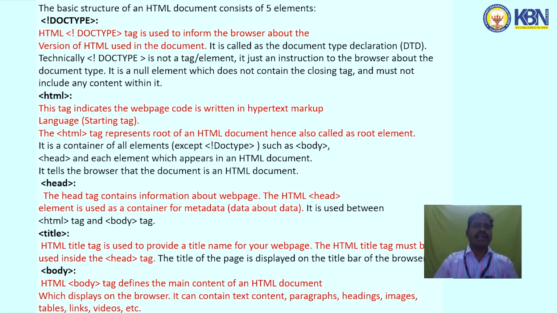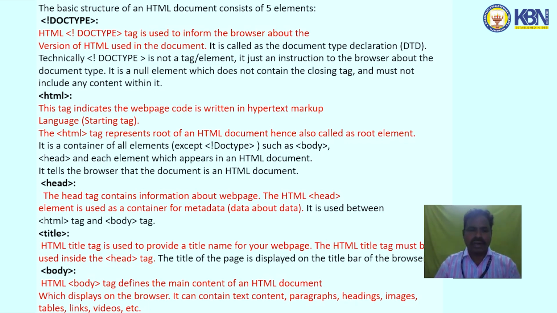The code is the lines of the document written in hypertext markup language. The HTML tag represents the root of the HTML document and is also called the root element or starting element.